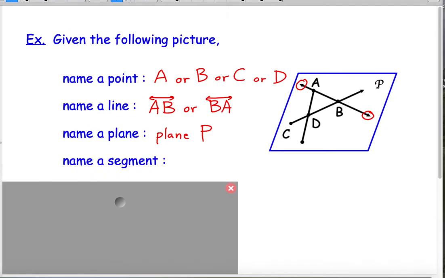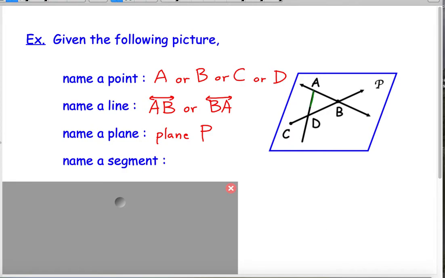Name a segment. You have a lot of choices here. So all I need are 2 points for a segment. Now you can see that there's no label for this one. So I have a segment here, but I can't name it because there's no letter for that last point. So I'm not going to use that one.